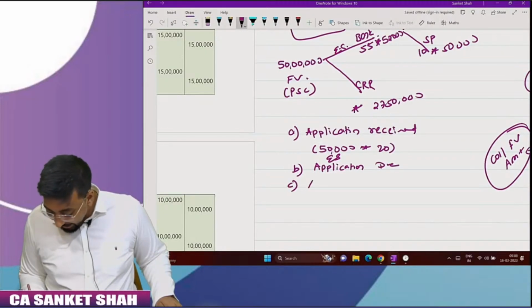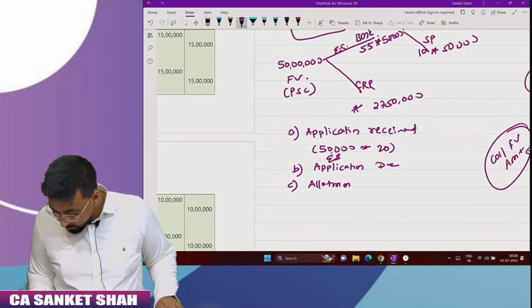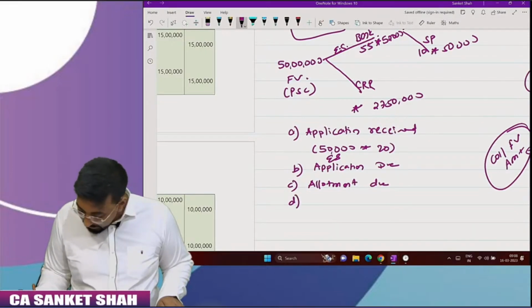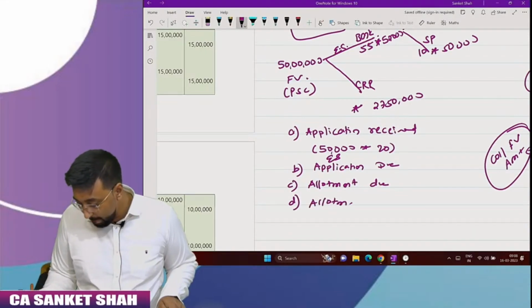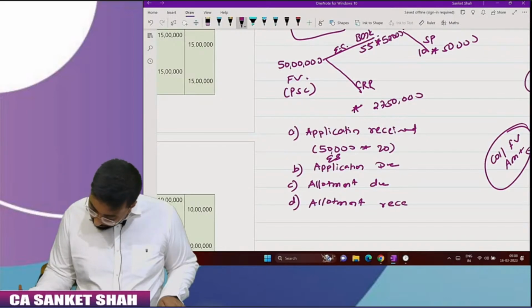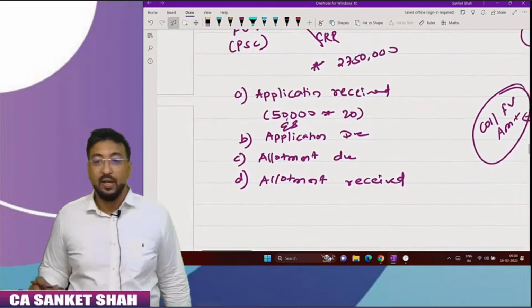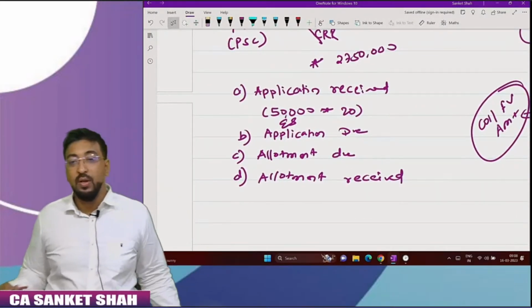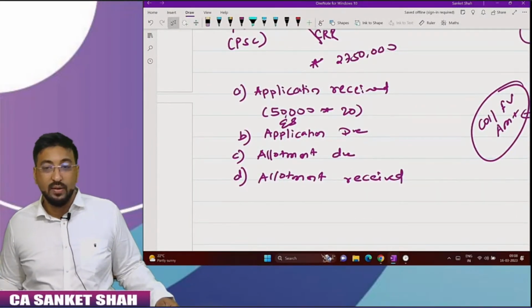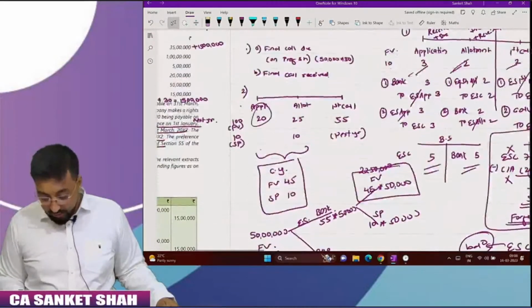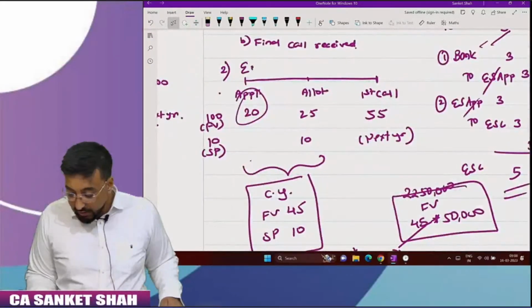C, allotment due. And D, allotment received. This is the diagram: application received, application due, allotment due, and then allotment received. So these are related to equity shares. The second one is related to equity share entries.